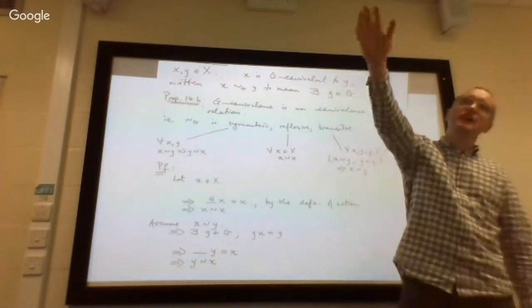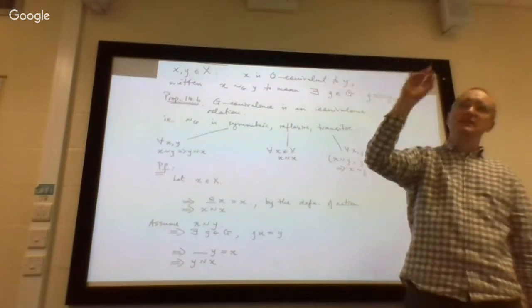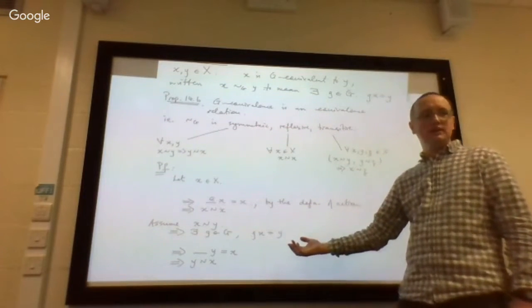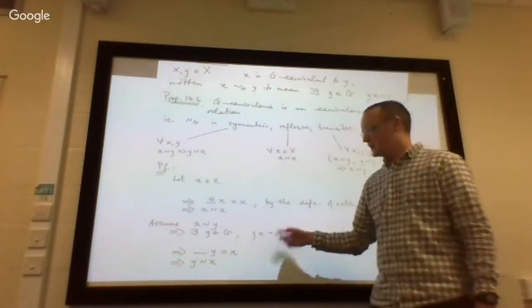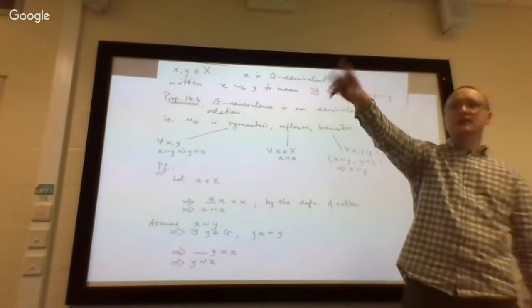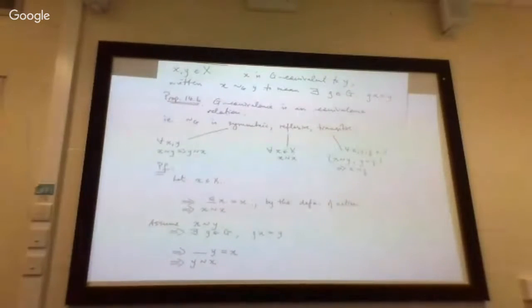Could we justify it carefully? Since this is the first time we're encountering this property, that if gx equals y, then g inverse y is equal to x, it's not explicitly stated there. But what is stated there is this thing about the identity fixing x, and this relationship between multiplication in the group and compositions of these functions.